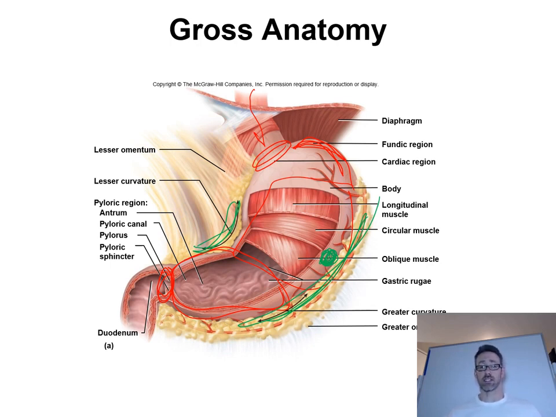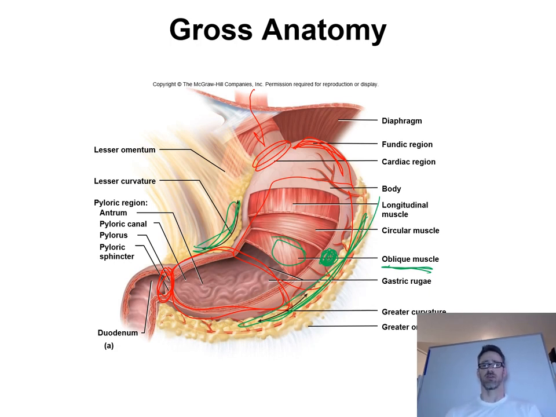You'll notice that the muscularis externa here does not have just two layers, it actually has a third layer, so it's an exception to what I spoke about earlier. It has the longitudinal muscle, it has the circular muscle, but it also has an oblique muscle. And so you can see the oblique here, this is the oblique region here.